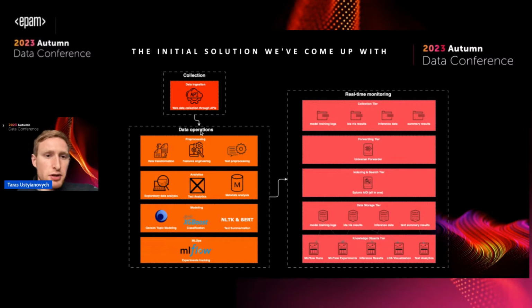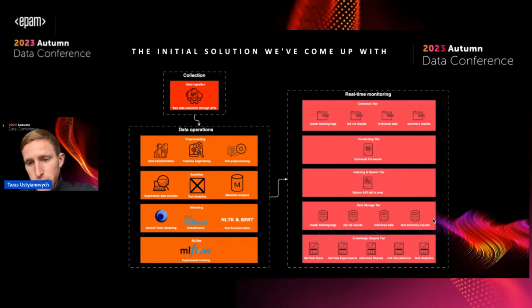So it's pretty straightforward. Data was collected through APIs. Then we did some data pre-processing, which included transformation, feature engineering, and text analytics. We applied mainly open source tools like GenSim, NLTK, XGBoost, and MLflow to train the models, track experiments, and pre-process the data, and all the results were sent to Splunk, where we had, as you can see, five different tiers: collection, forwarding, indexing and search, data storage tier, and knowledge objects tier.